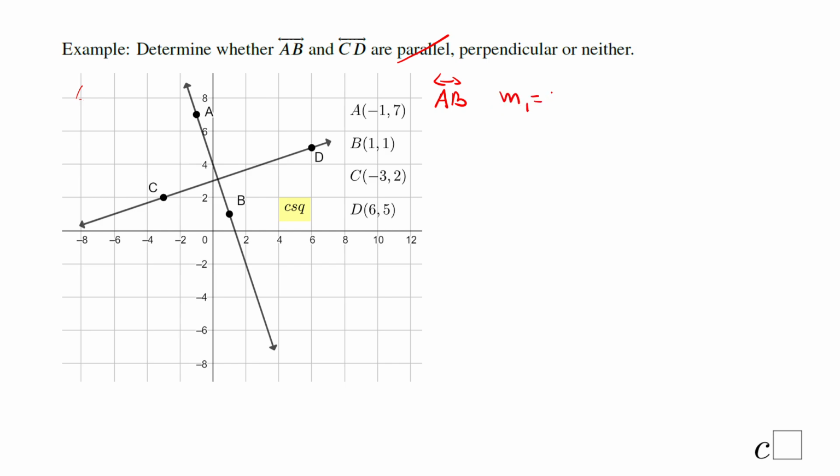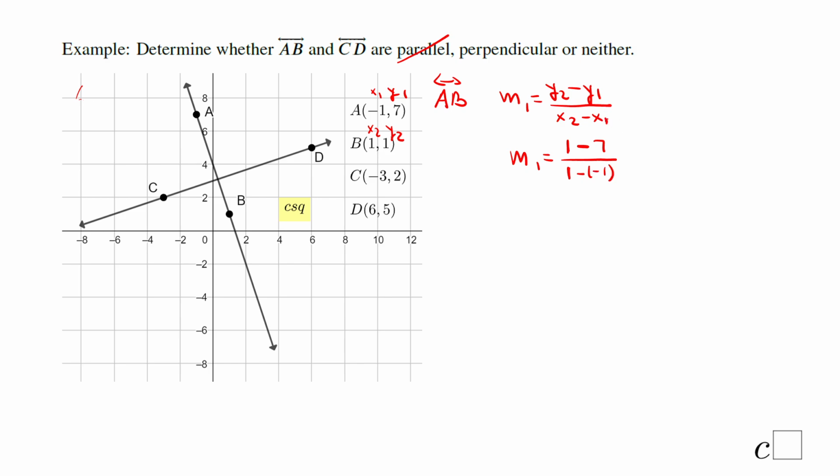Again, the slope is gonna be y2 minus y1 over x2 minus x1. Let's call these x1, y1, x2, y2. Label them. I will say that is the safest way. And we have here 1 minus 7, y2 minus y1, over 1 minus negative 1, which is x2 minus x1.